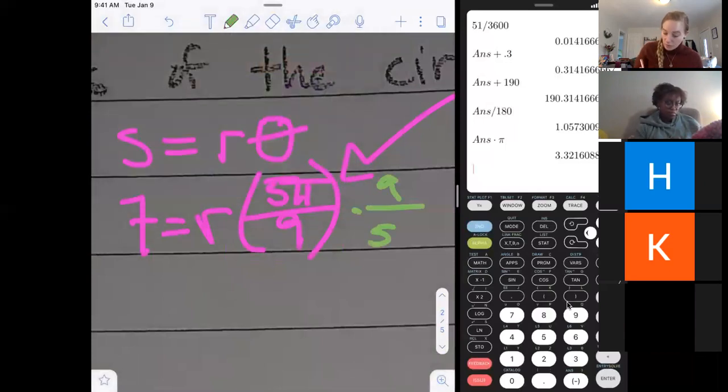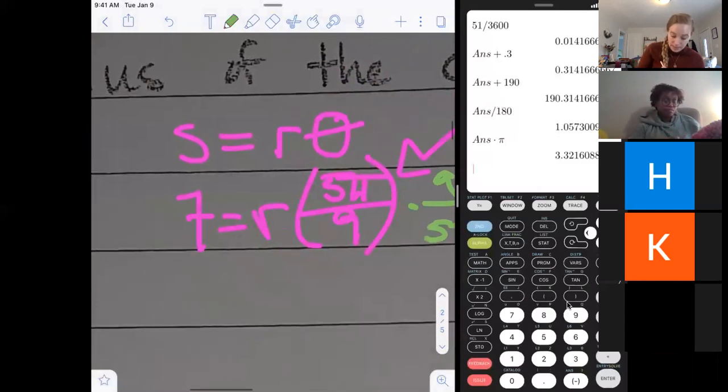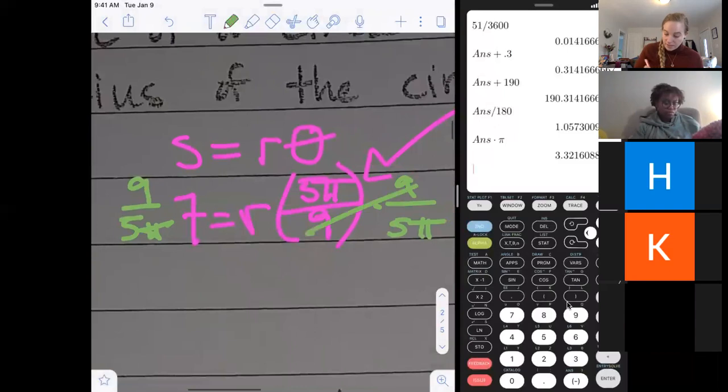So I'm going to multiply 9 over 5 pi on both sides. The 9's cross out, the 5 pi's cross out, so I'm left with just R on the right side. And on the left side, if I keep it in fraction form for right now, it would be 63 over 5 pi.